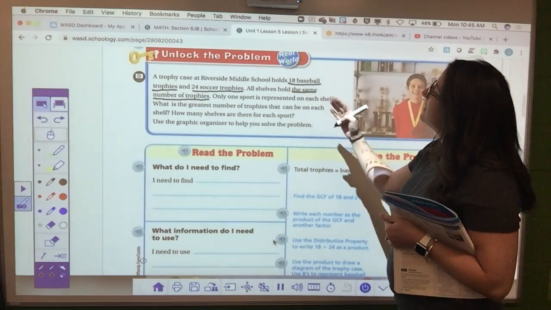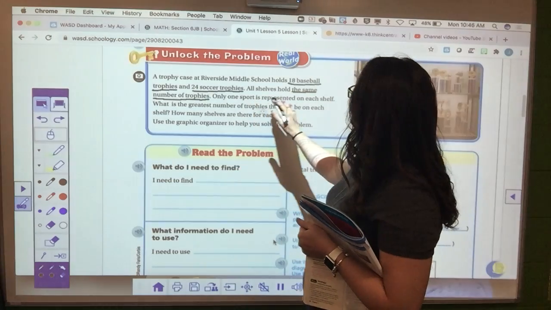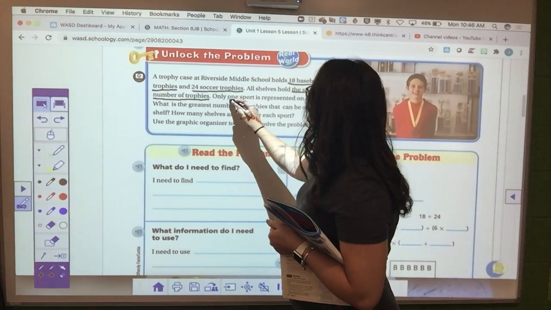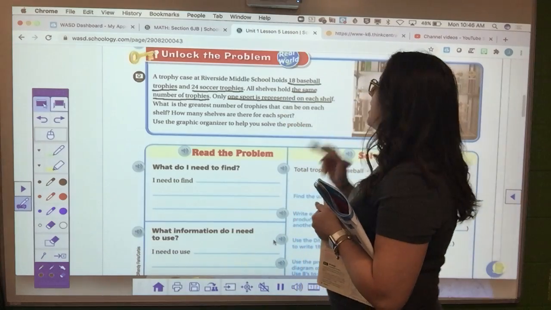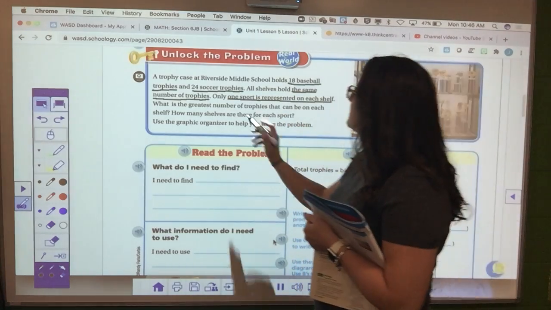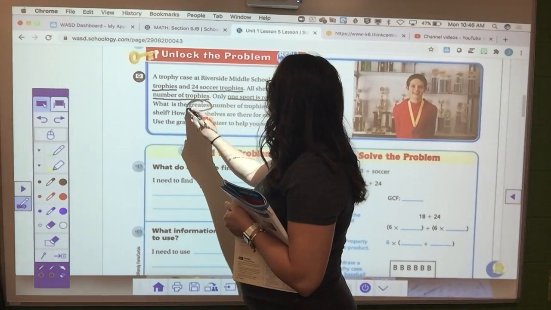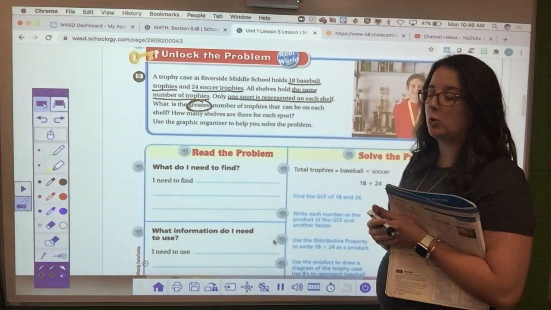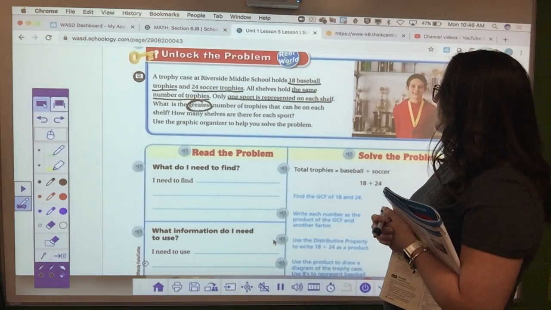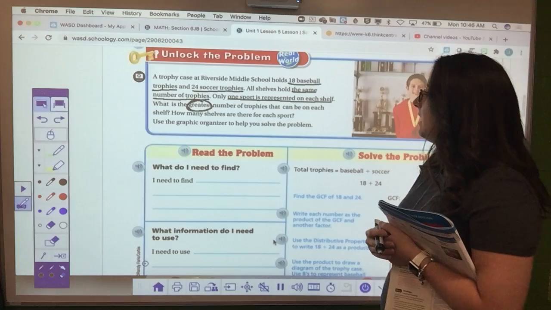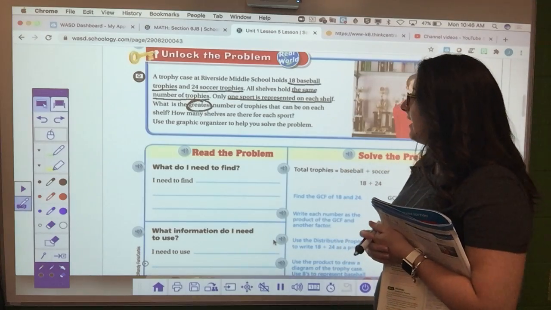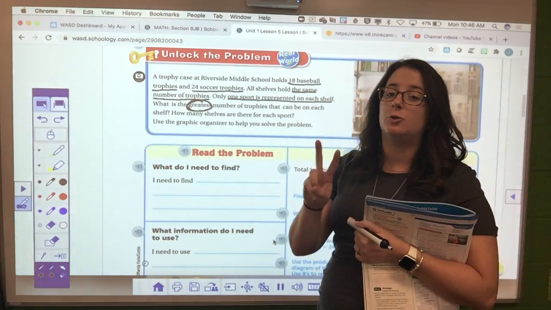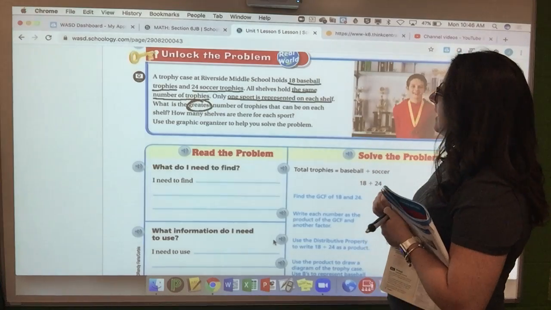Only one sport represented on each shelf. What is the greatest, word there, greatest number of trophies that can be on each shelf? And how many shelves are there for each sport? So we have to answer two questions.